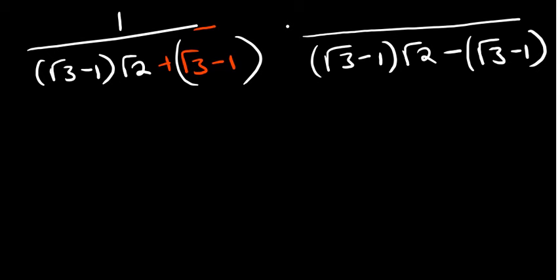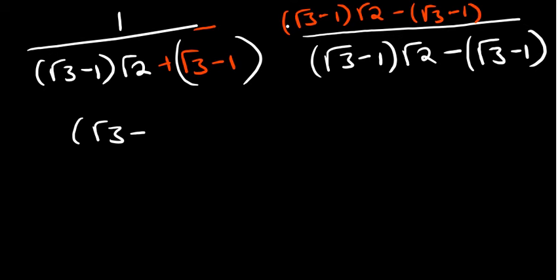So we have root of 3 minus 1 attached to root of 2 minus root of 3 minus 1. So on the numerator that is going to stand out, we have root of 3 minus 1, root of 2 minus root of 3 minus 1.